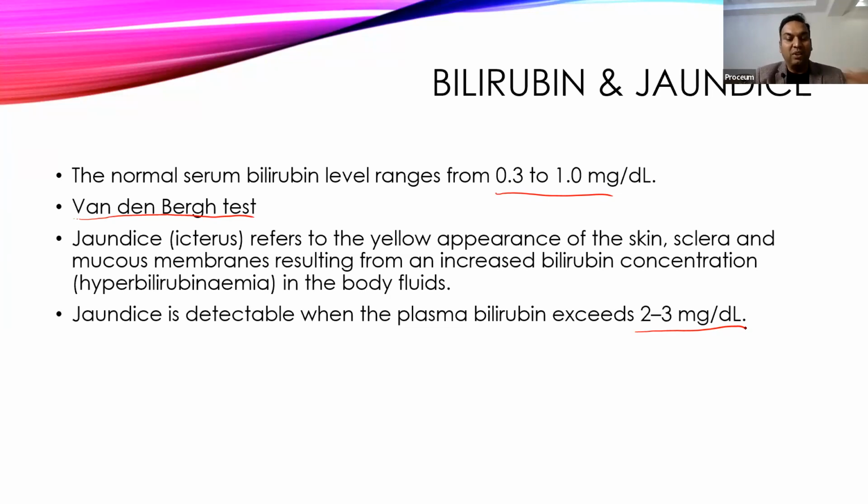So jaundice is actually a sign, and this is how we can define it. Jaundice can be defined as a yellowish appearance of the skin, sclera, or mucous membrane because of increased bilirubin concentration in the body, also called hyperbilirubinemia. That condition is called jaundice.